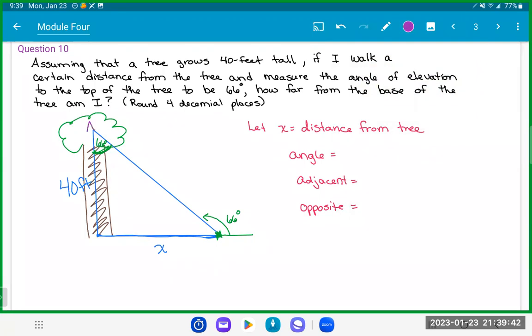This is our angle. We could call that angle A. Our angle is 66 degrees. Our adjacent side, that's the side that touches or shares with the angle, is 40 feet. And my opposite side, that's what I want to know. How far away from the trunk of the tree am I? And that is my opposite, x.